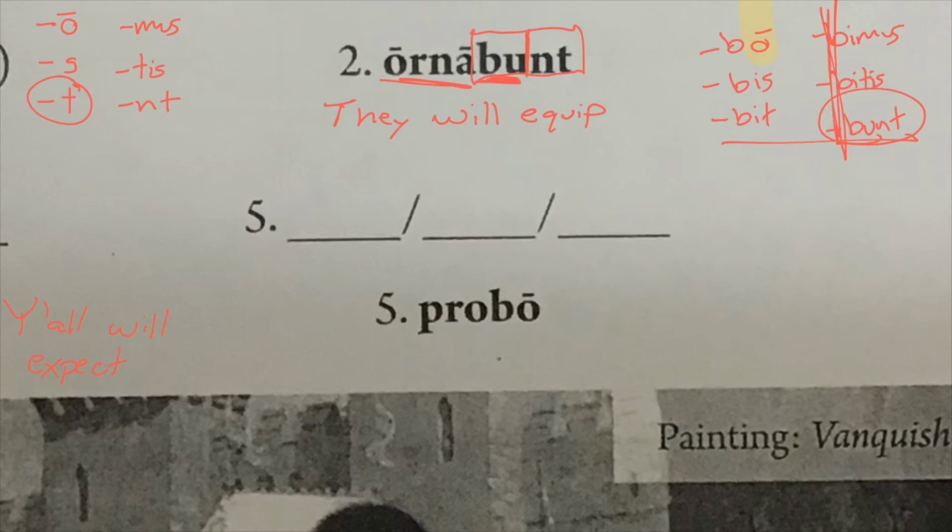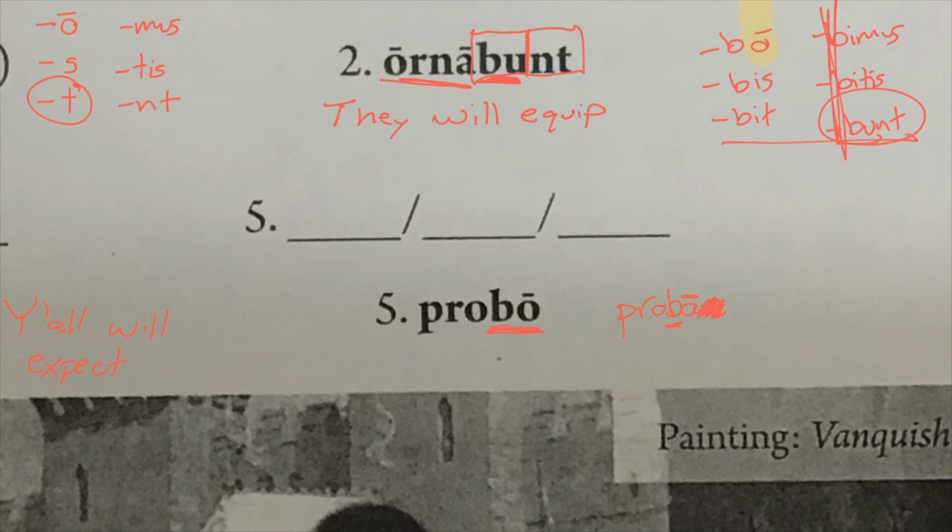Now, this one could be a bit confusing. You may think that BO is your ending, but remember your verb forms. This is from the verb probare. So when we chop off the RE, we're left with PROBA. And we notice that this B right here is a part of the stem. It's part of the stem. And so we've not added a BO to this from the future tense.